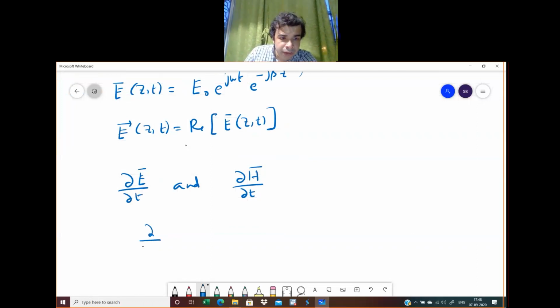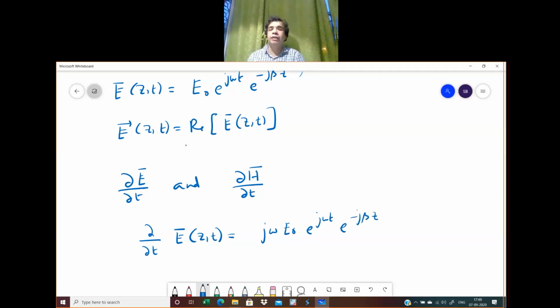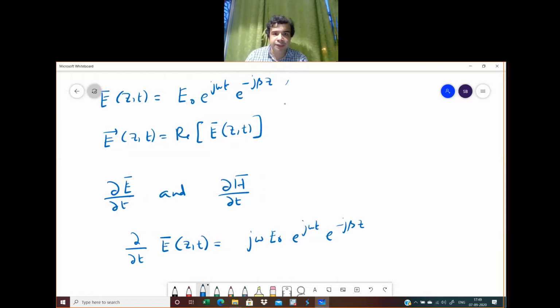Del t of the phasor of E(z,t) will be j omega E naught e to the power of j omega t. If we take the time derivative del t of this, we come to this.